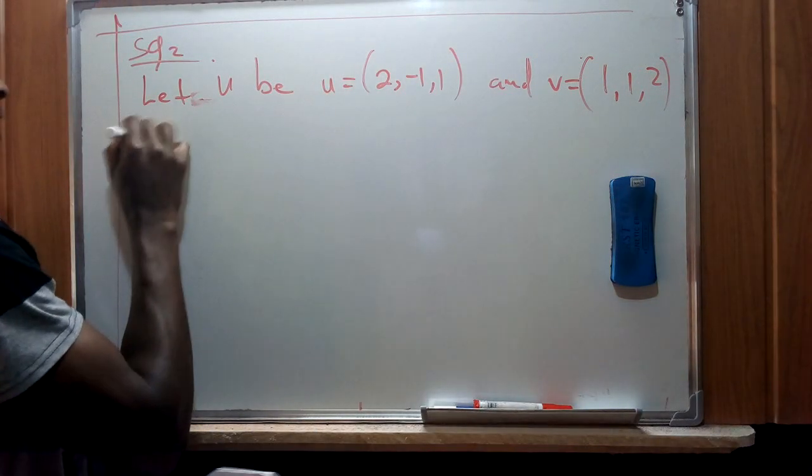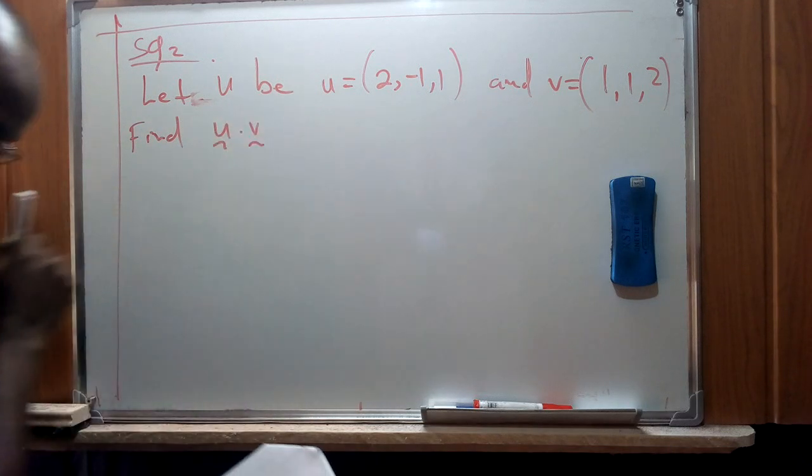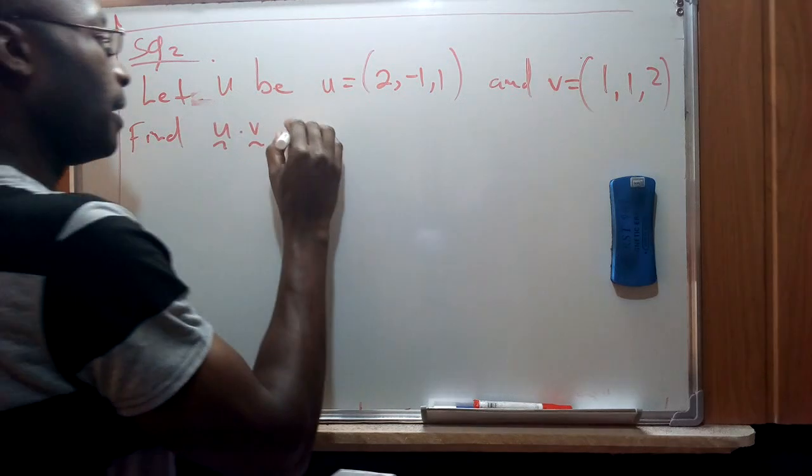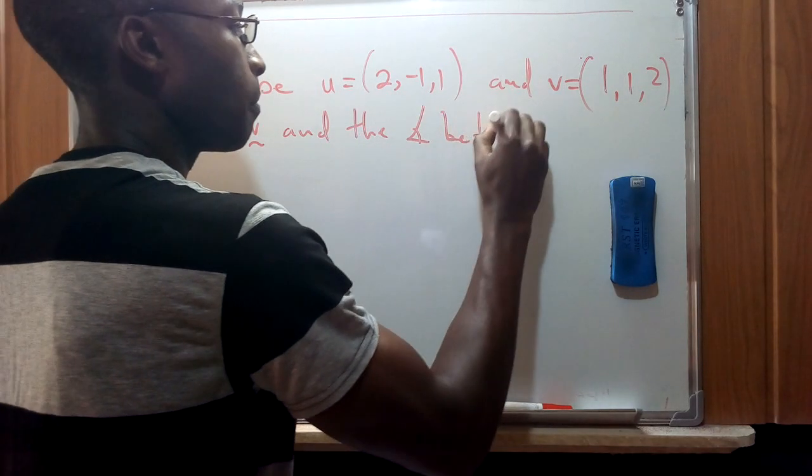So we are told to find u dot v and the angle between them.